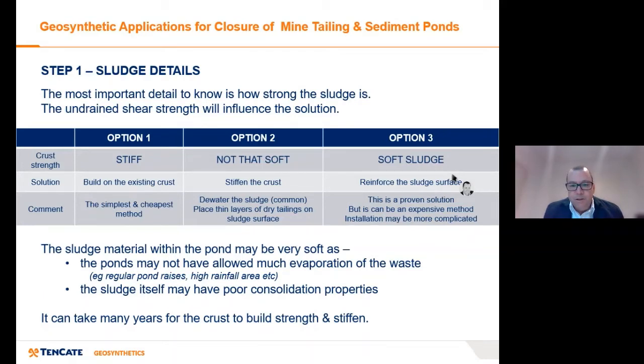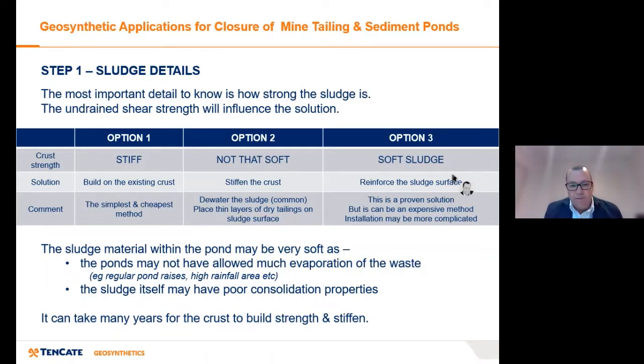But there are many instances where that sludge is actually either soft on the surface or soft beneath the surface, and you need to reinforce it. And that may be in instances where you've actually filled that pond quickly and it hasn't allowed the material below to evaporate out.